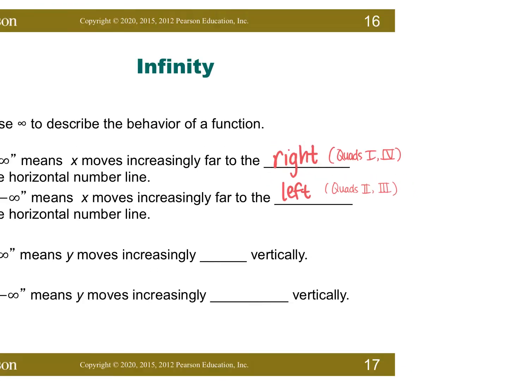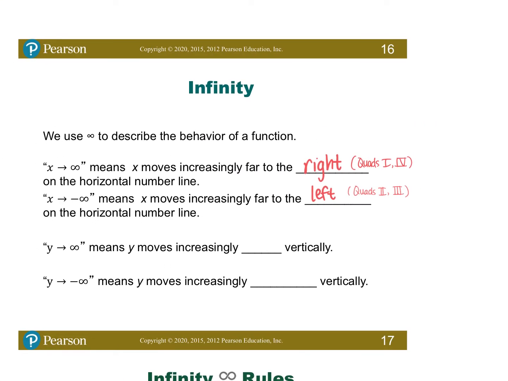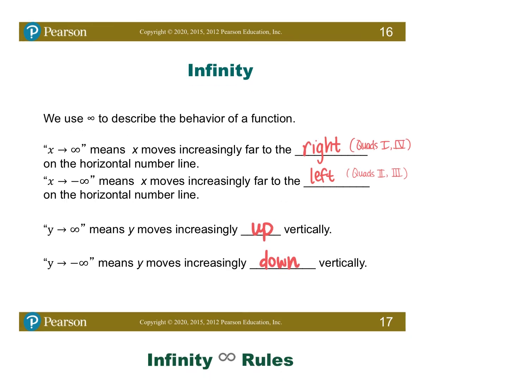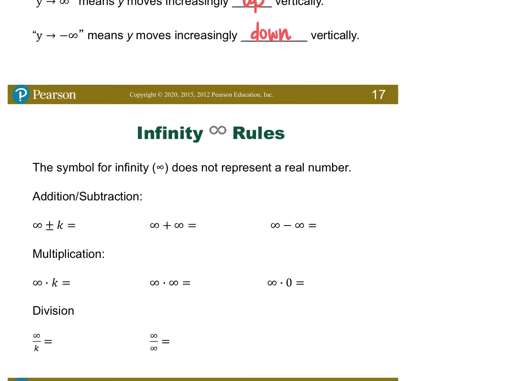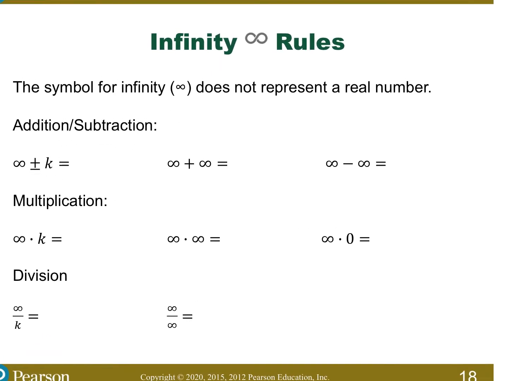It's a direction. When y is approaching infinity, then y is moving increasingly up vertically, and when y is approaching negative infinity, that's increasingly down. That's a vertical. That's what we were just talking about before. All right, so slide 18 gets to what you can and can't do with infinity.